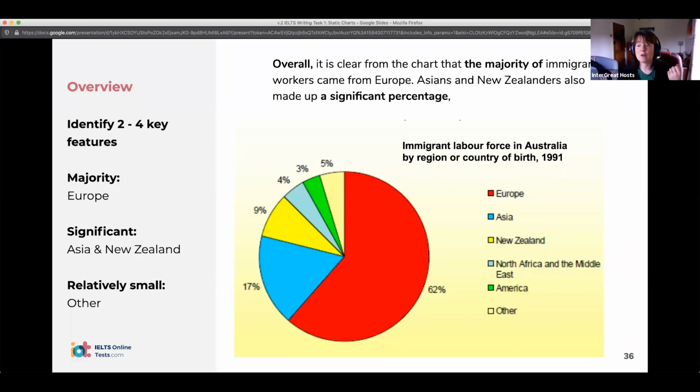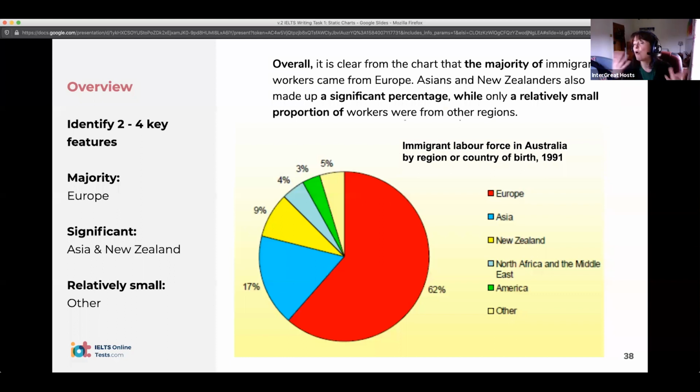So that's another way of paraphrasing it, okay? And then we're going to compare that to the other ones. So, okay, very good, Neo. So while or whereas works very well as well. And then we group all the others together, because they're all small numbers, so we don't really need to name them in this case.